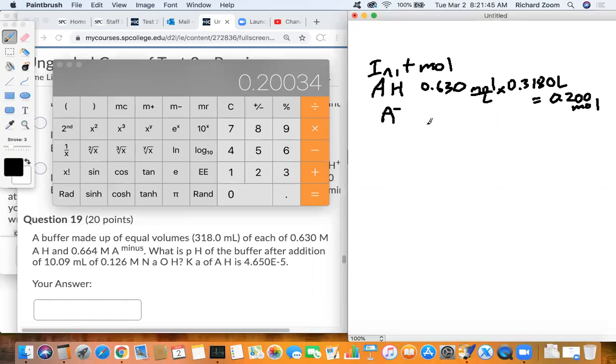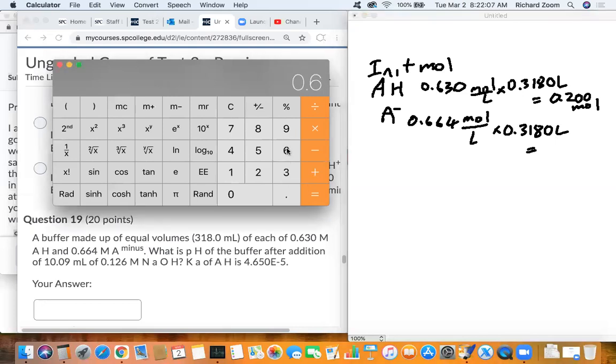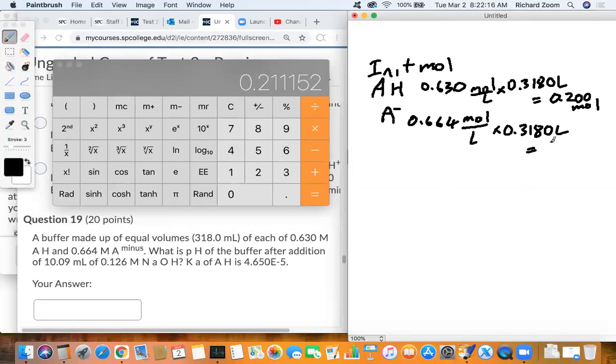For the A-, we've got 0.664 times again the 318 in litres. So 0.664 times 0.318. Okay, so that'd be 0.211 moles.